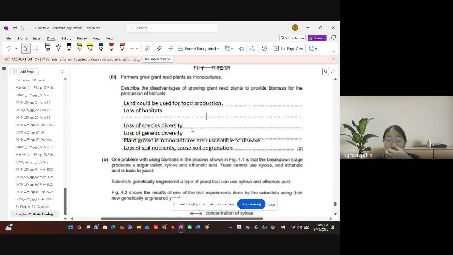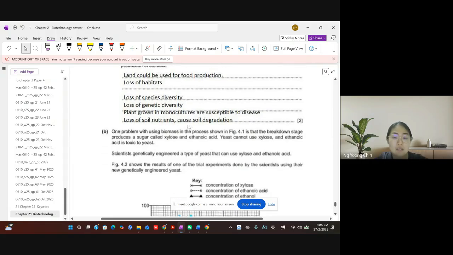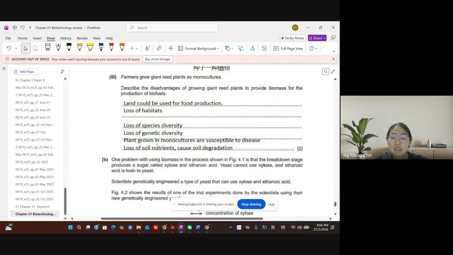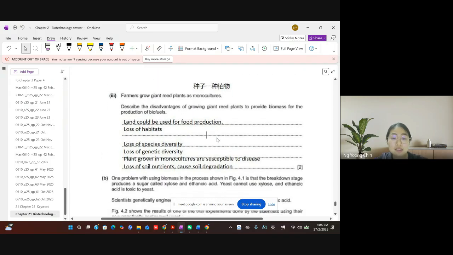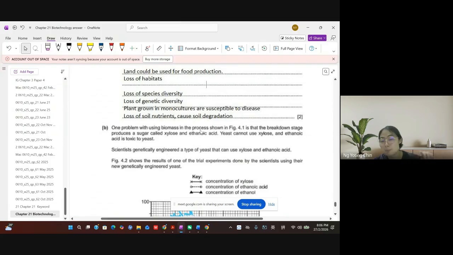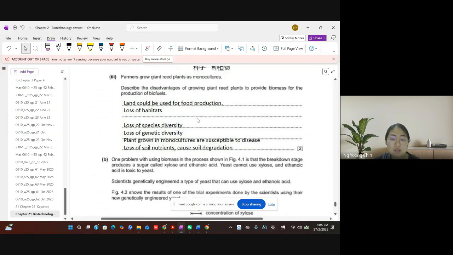So they will die, and you are actually reducing your species diversity. And the plants growing in monoculture are also prone to disease. So that's why this is a disadvantage. The most important thing is that you are reducing the diversity.